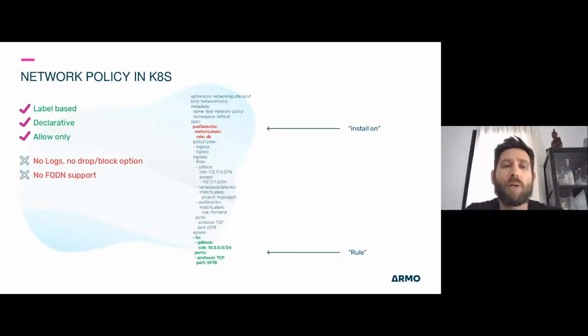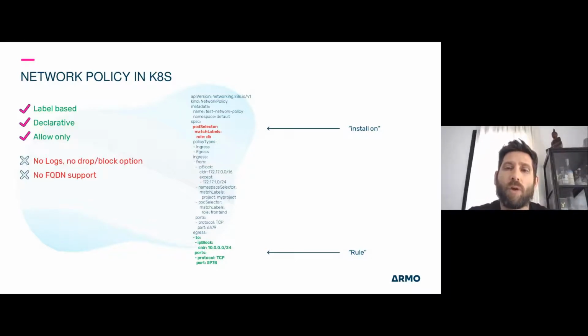So if we look at Kubernetes, Kubernetes has a built-in network security construct, which is great. It's called network policy. And you can see that it's very, very similar to the network firewall rule that I showed you at the beginning of this webinar. It has a pod selection section, which is basically the install-on.